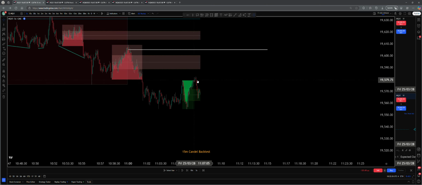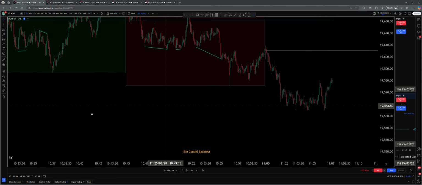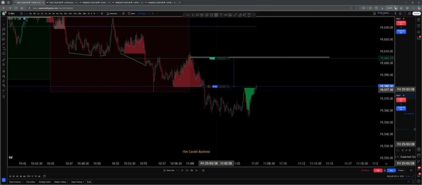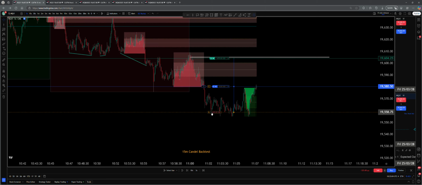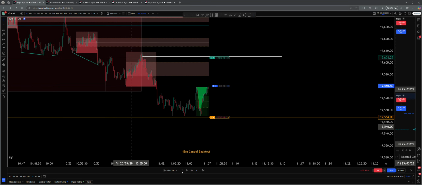Break of structure, could get in right here. Of course, the retracement back to the 50% is the best, but because we're trying to trade like a robot, I'll back it up and buy, TP, stop loss below, and play.